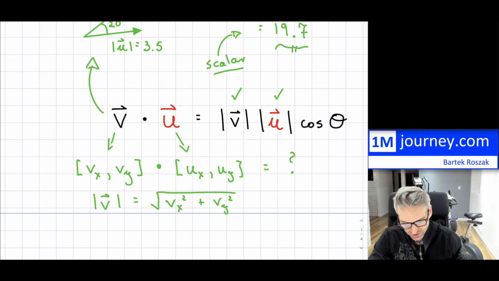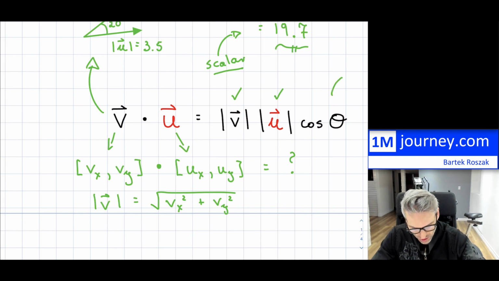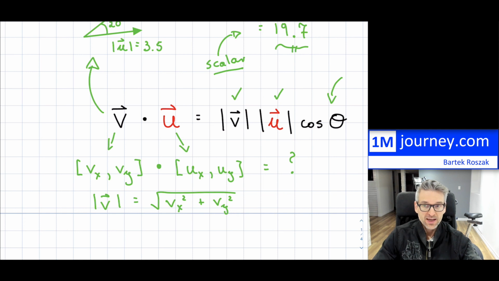So that's the magnitude. And I can do the same thing with U. That's not a problem. The problem becomes, what is actually the angle in between these? I would have to find that angle. Now, we can still find the angle. We have the tools, especially if you've studied trigonometry, and by this time, if you're doing vectors, you definitely have. Then we can find what that angle is.